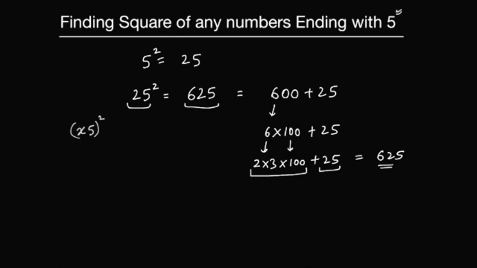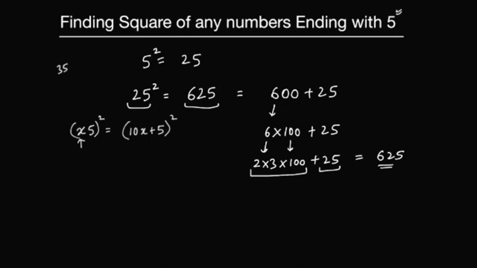We have to find the square of this number. But before that, we check the position of x. The position of x is the tens place. So here we write 10x plus 5, and the square of this will be the same as (x5) whole square, as we have already learned to do.